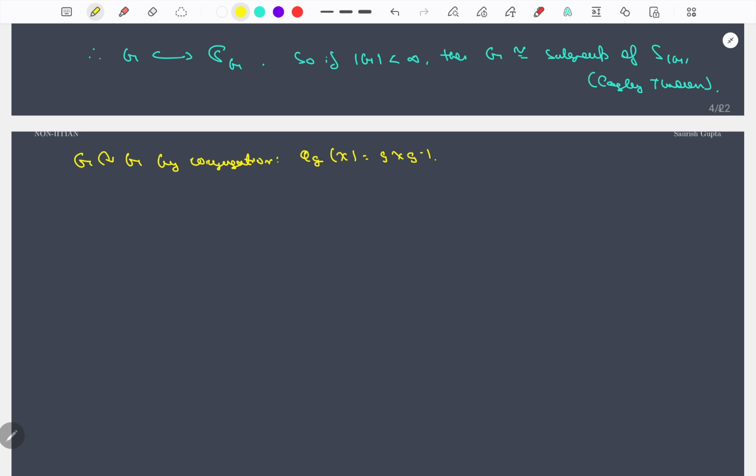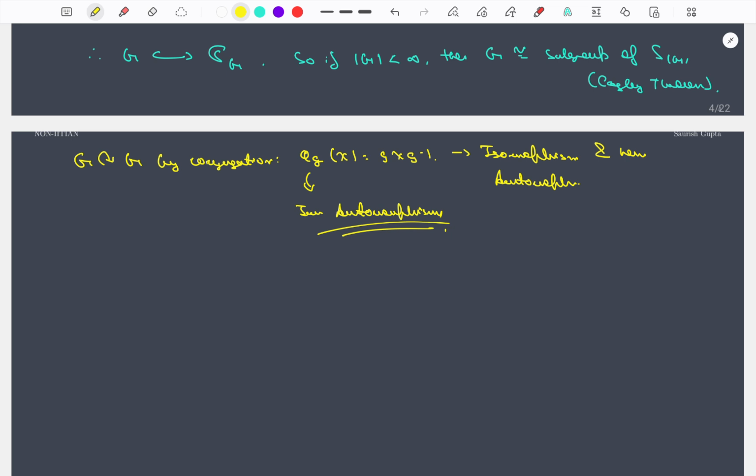Now in fact this is a homomorphism, and in fact you can observe that this is an isomorphism, and hence by its name it's an automorphism. And the collection of these automorphisms is what you call inner automorphisms. These are called inner automorphisms. Okay.